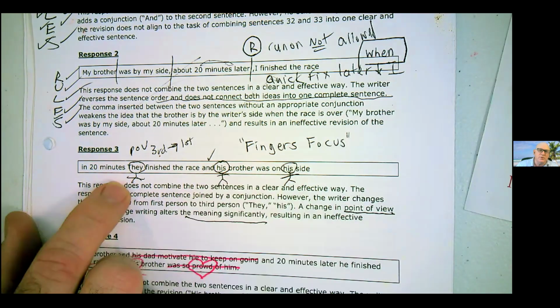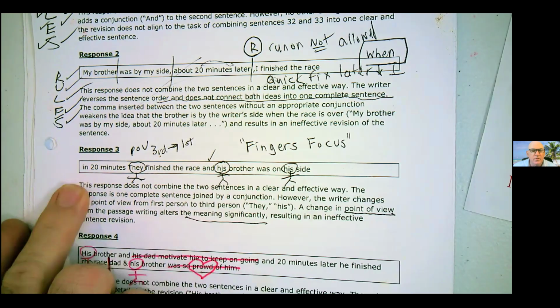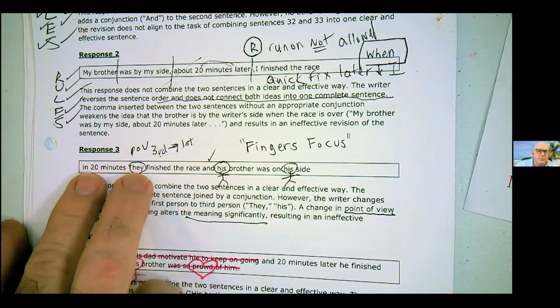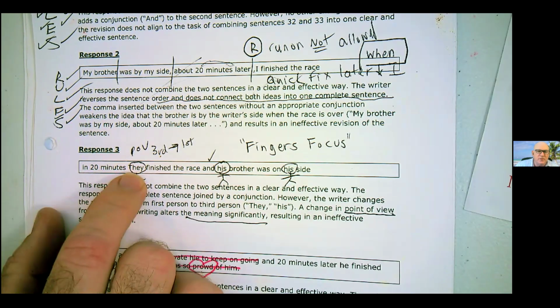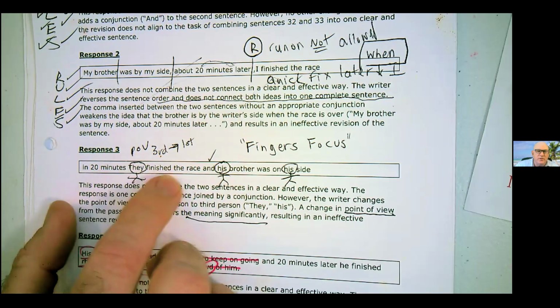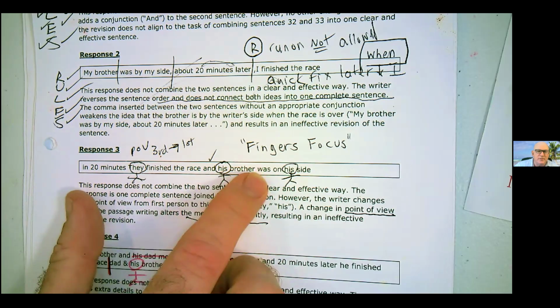All right. So in 20 minutes, no capital, it appears, but they don't penalize you for editing. Remember, in a Texas short constructed response, capital for some reason, all of a sudden, they, third person, finished the race and his brother was on his side.